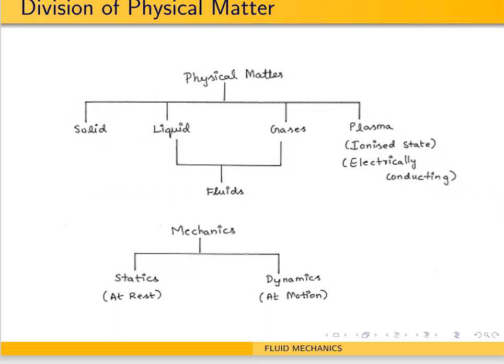And mechanics can be divided into two branches. One is statics, the other one is dynamics. In statics, we study the physical objects at rest, whereas the branch of mechanics that deals with the objects in motion is called dynamics.